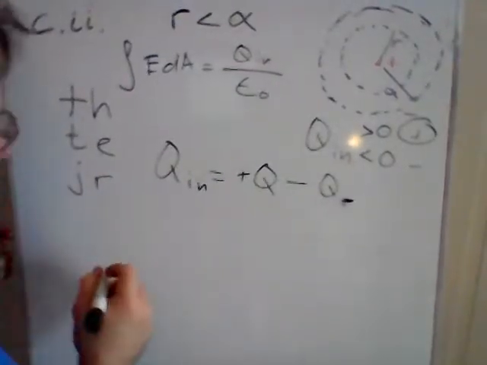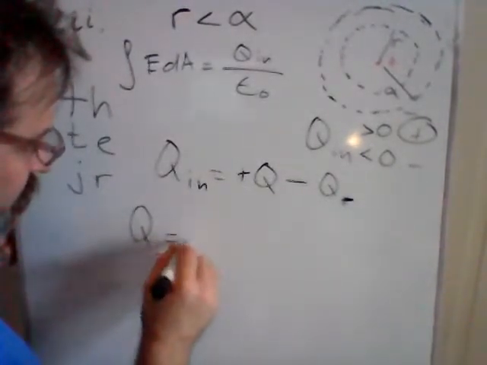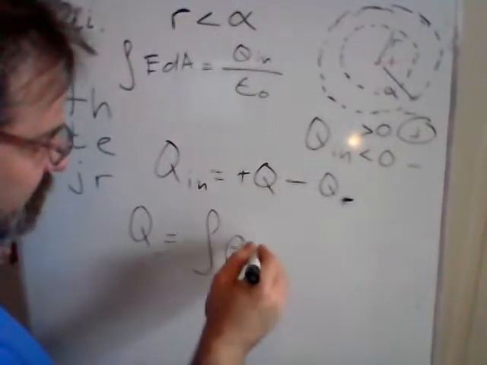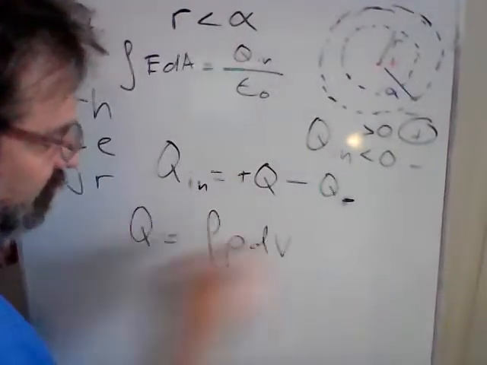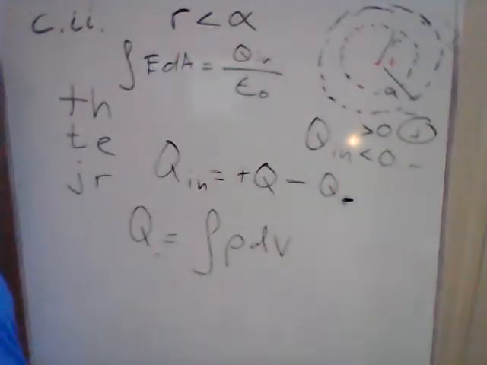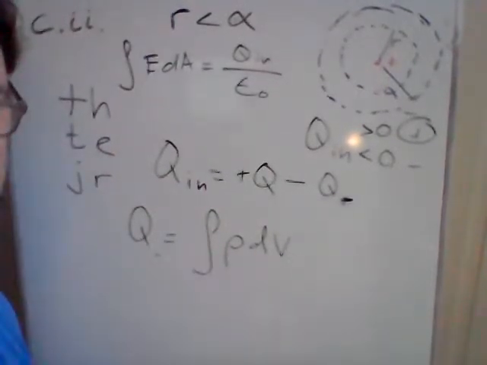They give us the charge density, and if we integrate the charge density over the volume of that sphere, then that's going to be the total negative charge. Make sense so far?